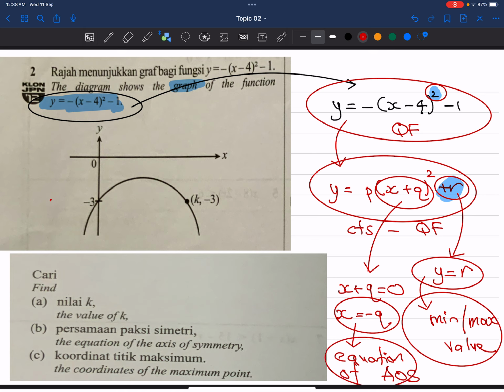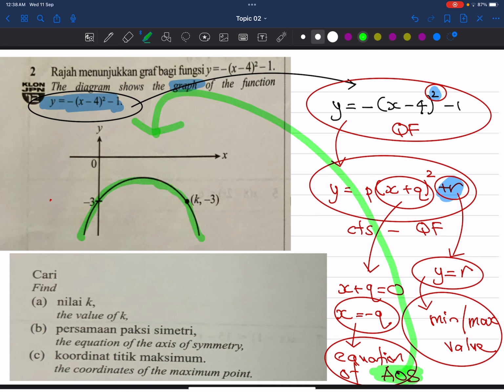Okay? Now since we have the axis of symmetry, therefore we go to the graph and complete the graph.